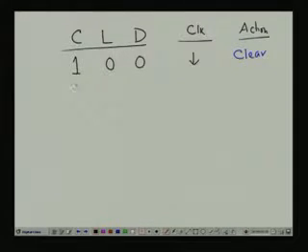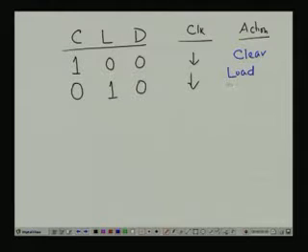Now, C is 0, L is 1, D is 0, clock is trailing edge triggered. This is load external, the operation will be load external data.